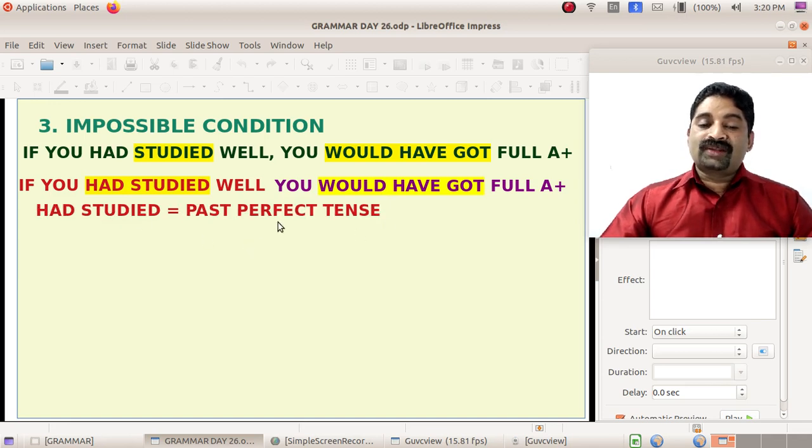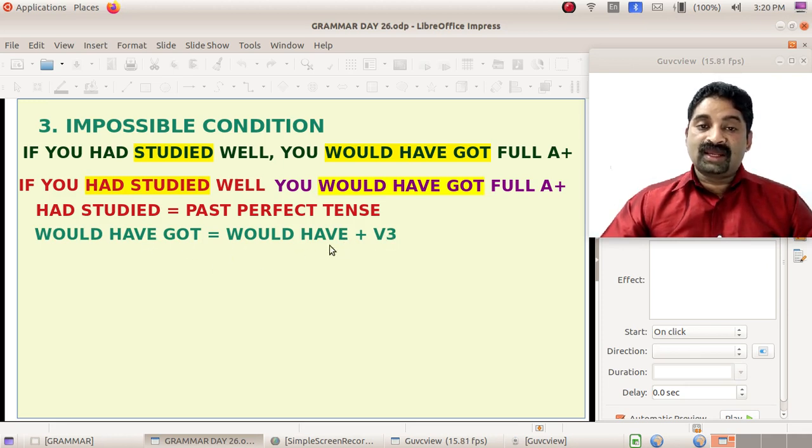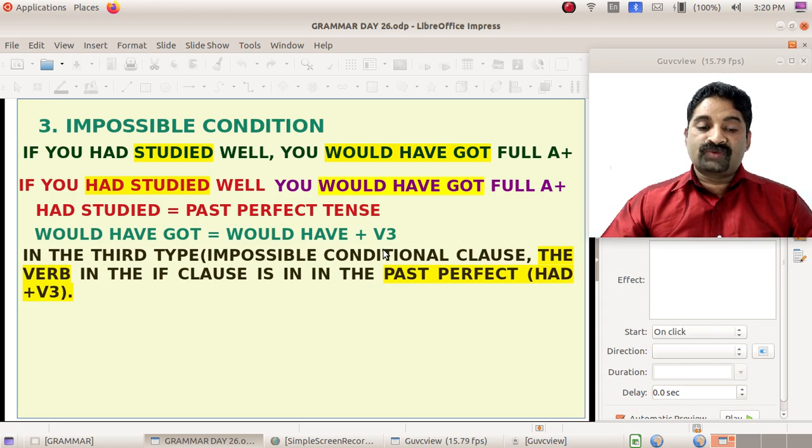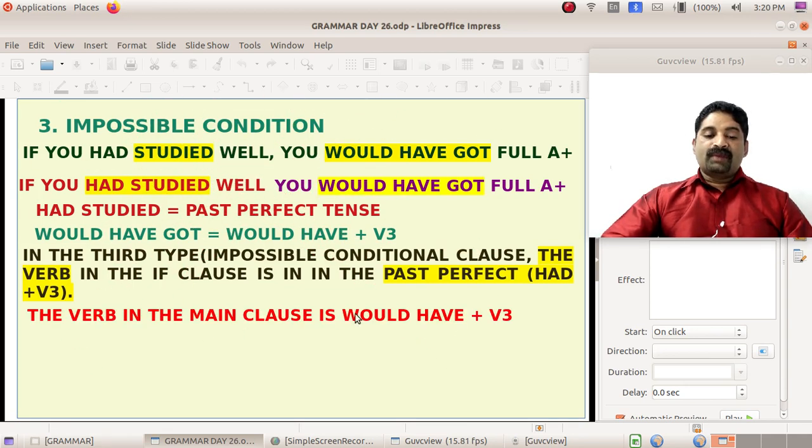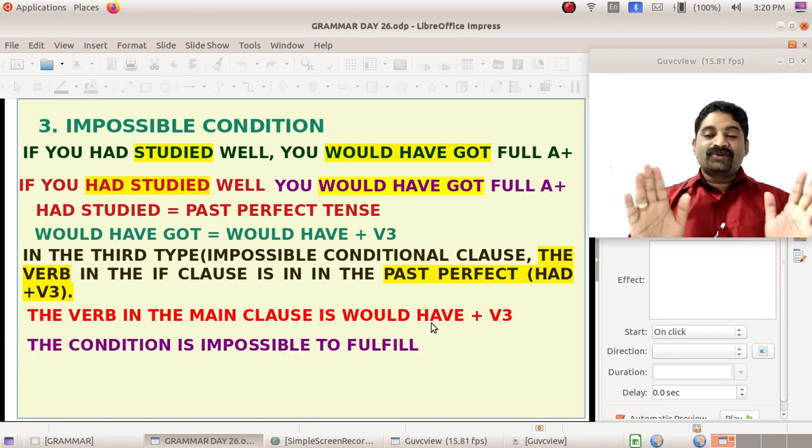Had studied, you know, it is past perfect tense. Had plus V3. Would have plus V3. So what we can say in the third type, or impossible conditional clause, the verb in the if clause is in the past perfect tense, had plus V3, and the verb in the main clause is would have plus V3. And the condition is impossible.